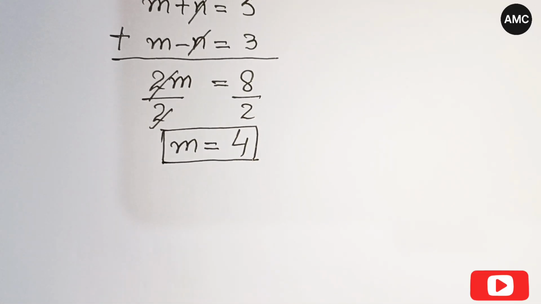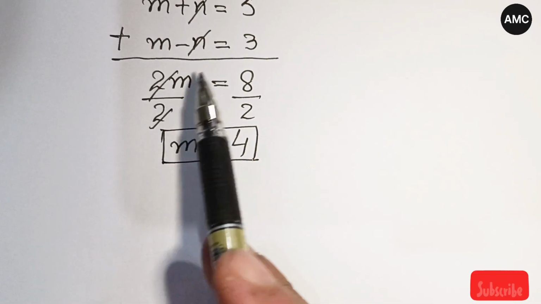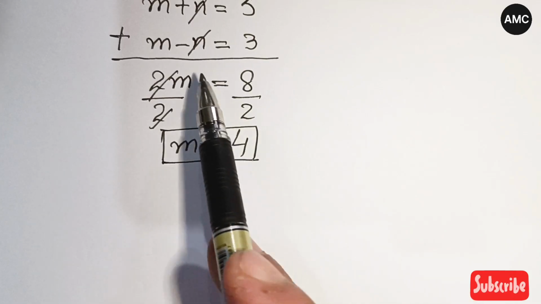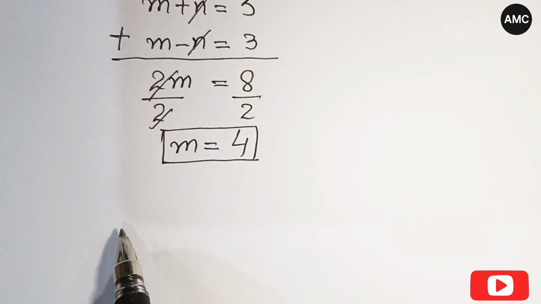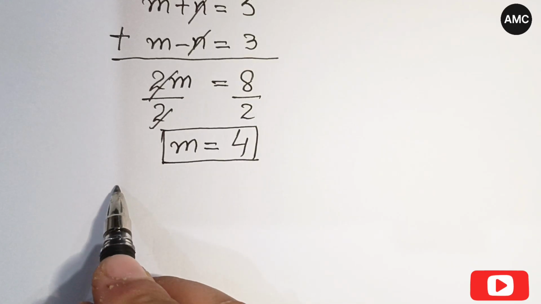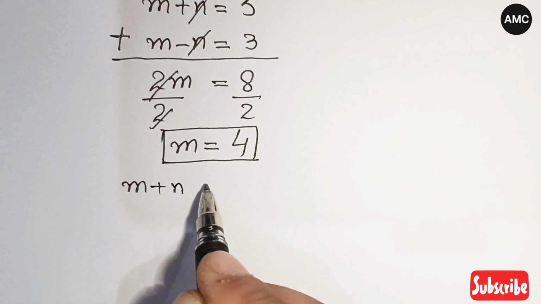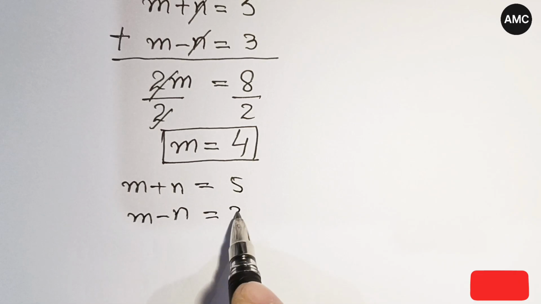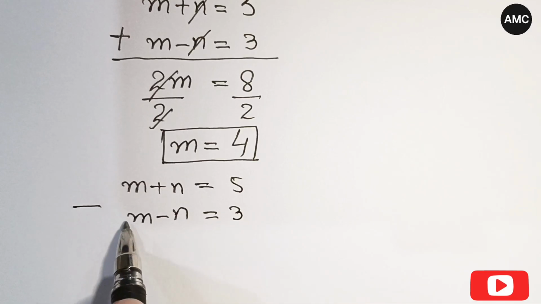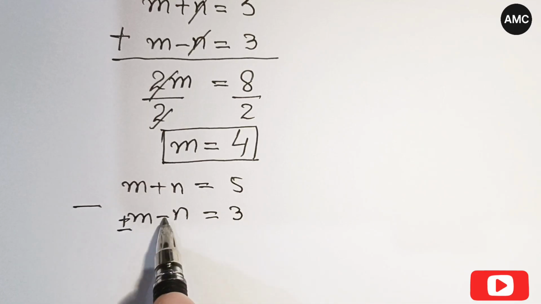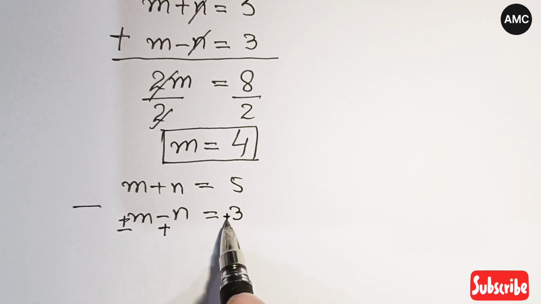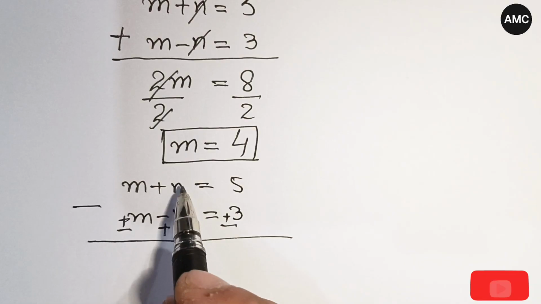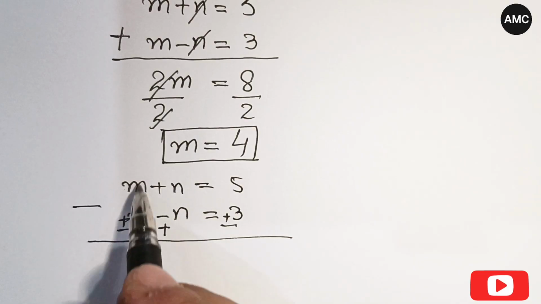Now this value can also be used in any of these equations, and we can also find the value of n if we just subtract these two equations. We are going to subtract m plus n is equal to 5, m minus n is equal to 3. By subtraction, positive m and negative m are cancelled.